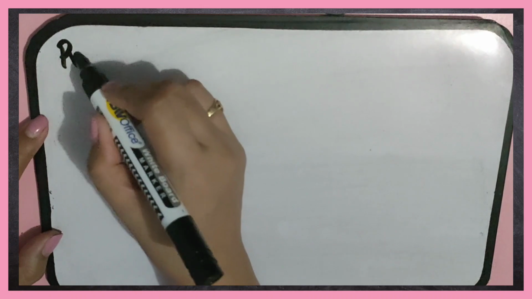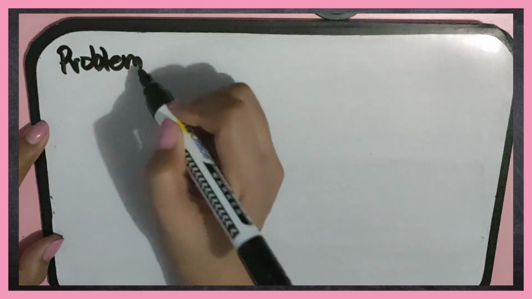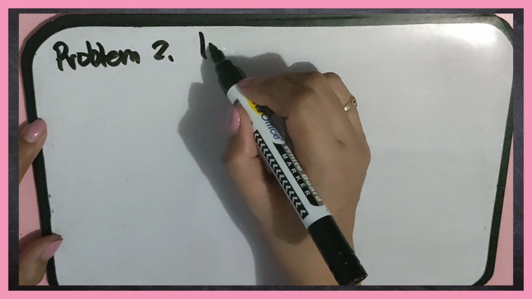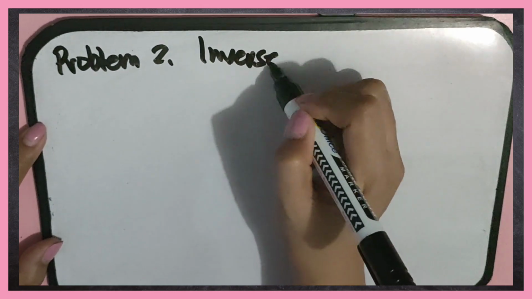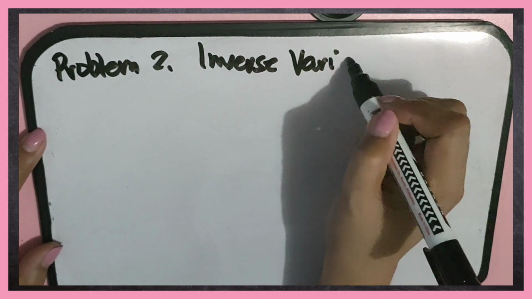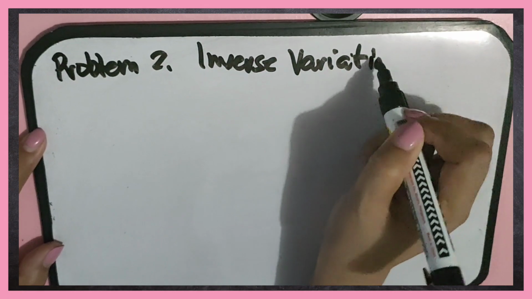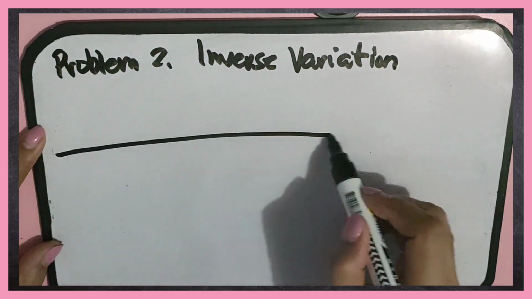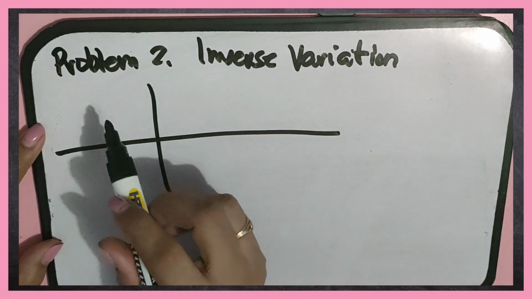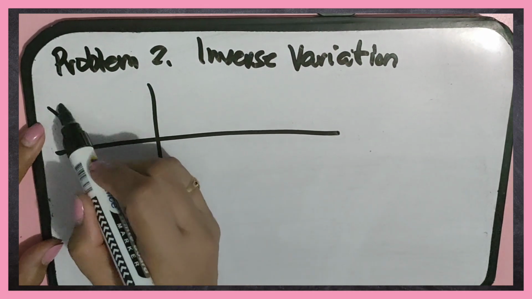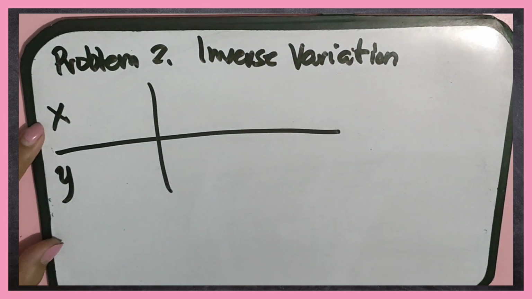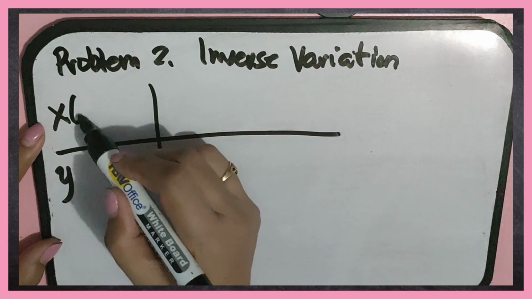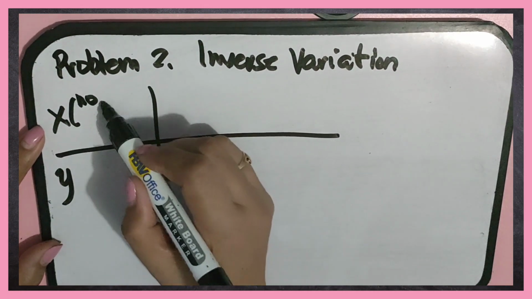So we have problem number 2. Problem number 2 is an example of inverse variation. Wherein again, let us draw a table of values. The first one is x followed by y. Then x is the number of days.